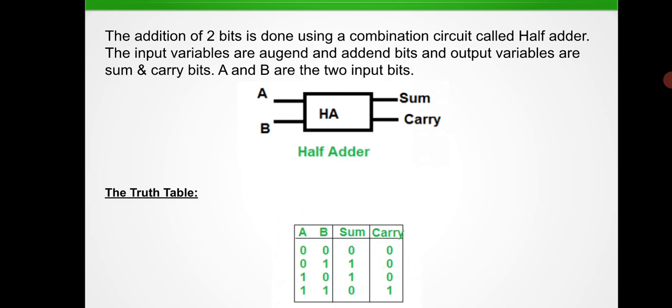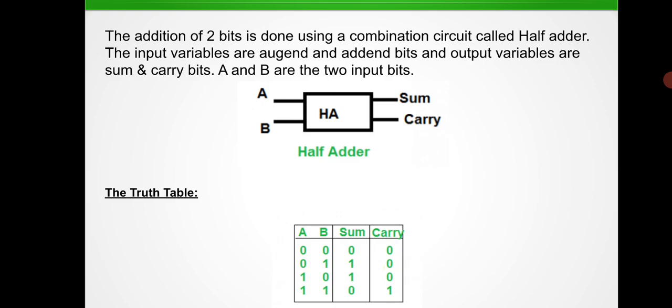In some cases you may get carry, in some cases you may not. That is the exceptional part. But ultimately from the half adder circuit you are expecting sum as well as carry as an output. In the image also you can see A and B are given to HA.